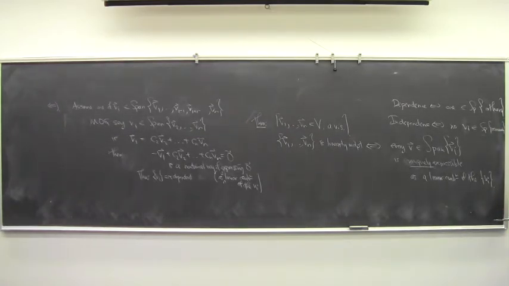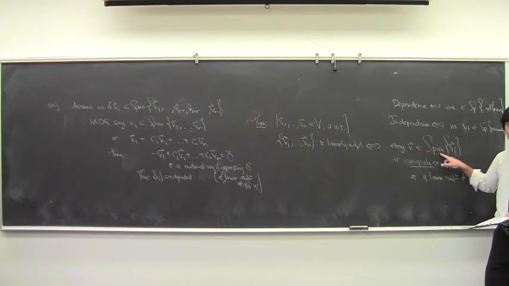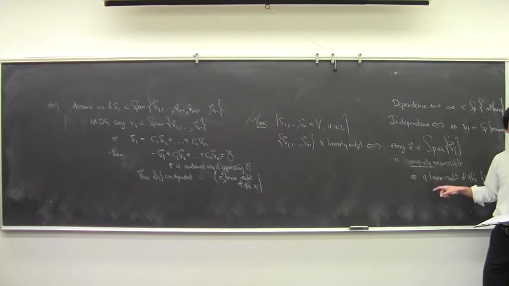Okay, so that is, given any vector in the span, there's only one way of expressing it as a linear combination.